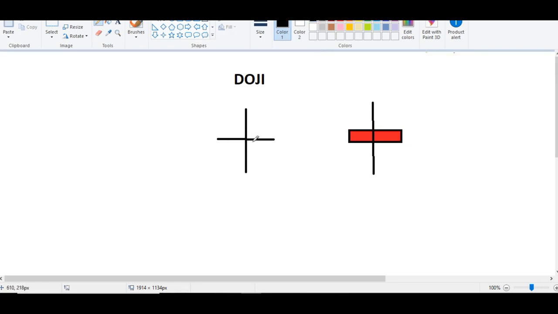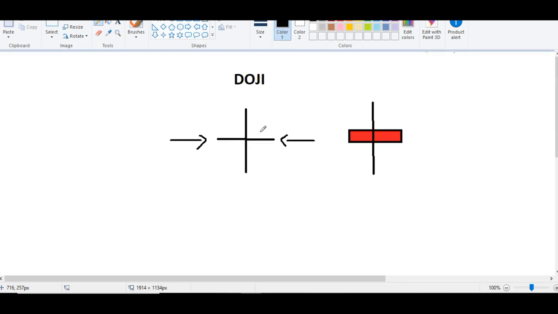Now the reason it looks like a plus sign is because the opening price is the same as the closing price, right? They're identical, or the opening price is very close to the closing price, and that's why they look like a plus sign.